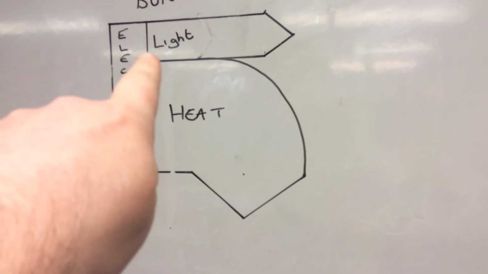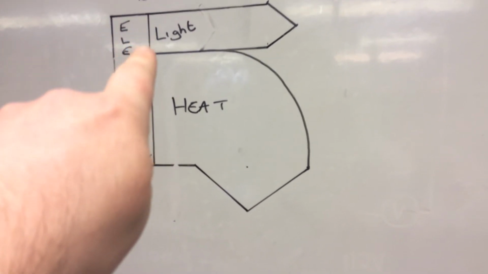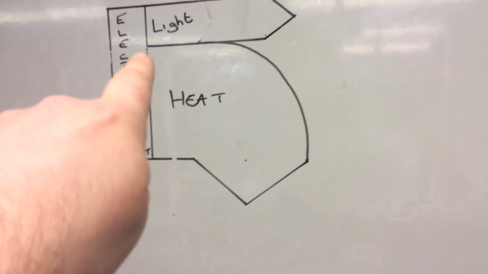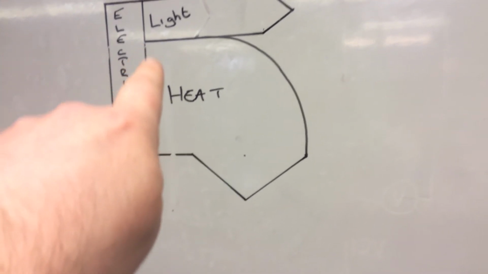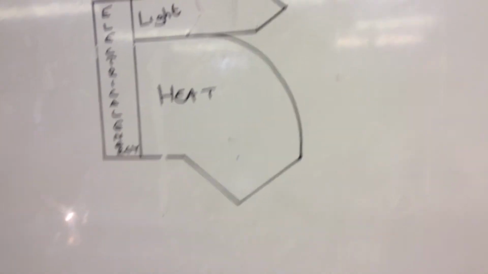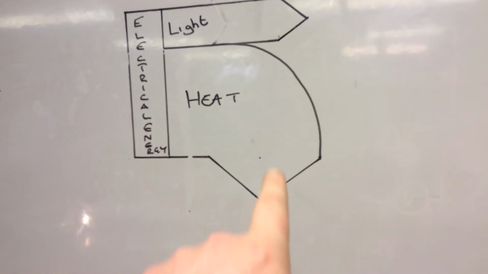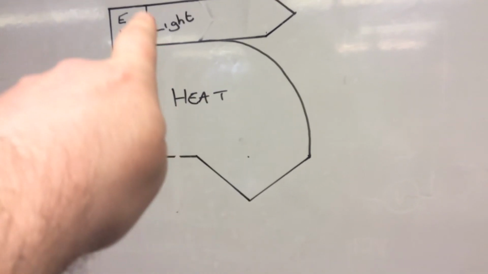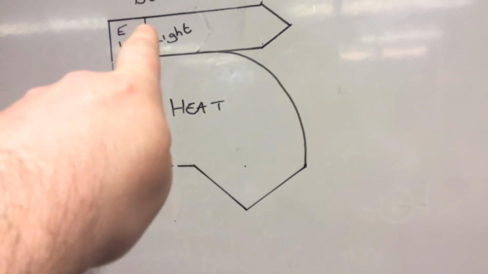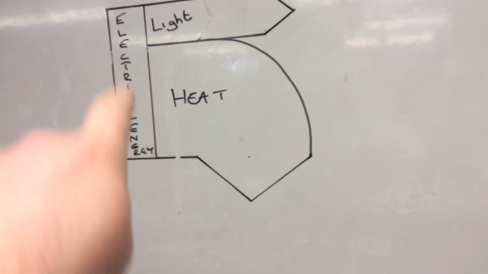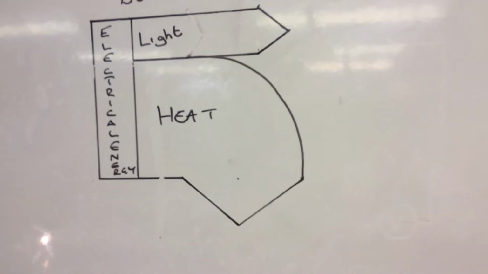You could then measure this distance here for the light and work out how much energy has been converted to light. You could then work out this distance here and work out how much energy has been converted to heat. So how far along the arrows go, or how far it curves down, is irrelevant. It's simply the proportion of these two heights here which show the proportion of the split of the original amount of energy.